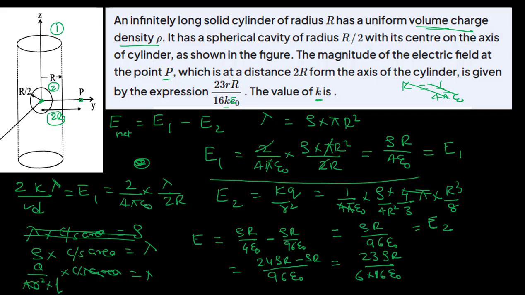If I compare with this formula, there is an error over here, this r should be rho, of course. So 23 rho r upon 16k epsilon naught. Very clearly we can see here this value of k will be equal to 6.